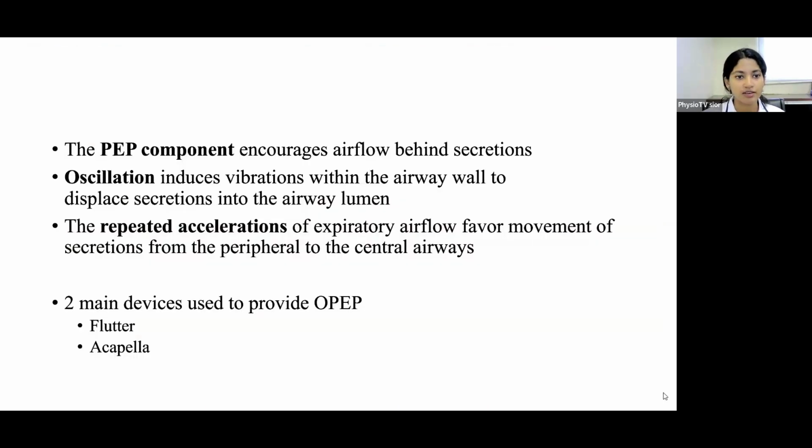So, like we saw, the PEP component is again going to encourage the airflow to go behind the secretions, like we saw with the collateral channels. And in these devices, there is also going to be the oscillatory component. So because of the oscillation, it is going to cause vibrations to the airway walls, which will help in displacing or loosening the secretions from the airway walls.